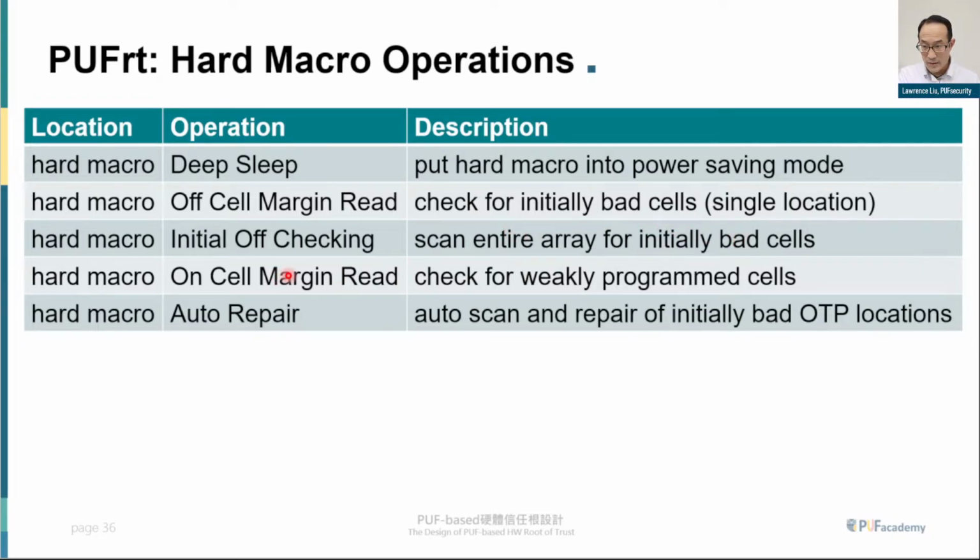And the fourth operation here in this category is on-cell margin read, which is to check for any cells that get weakly programmed. And finally, we have auto repair, which does an automatic scan of the entire array and repairs as many of the bad OTP locations as it finds, up to the limit of redundant cells available in the hard macro.